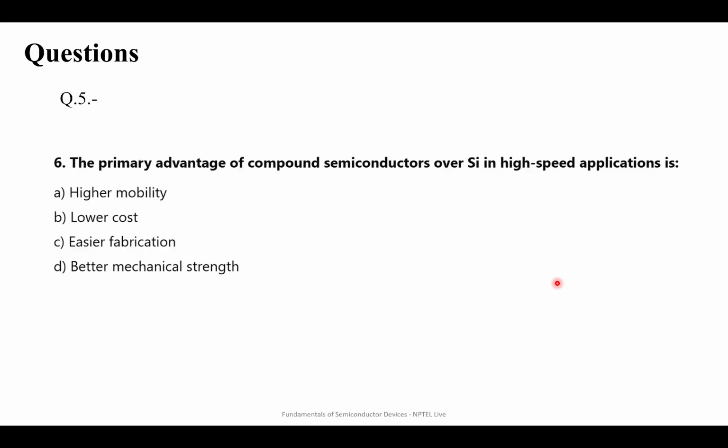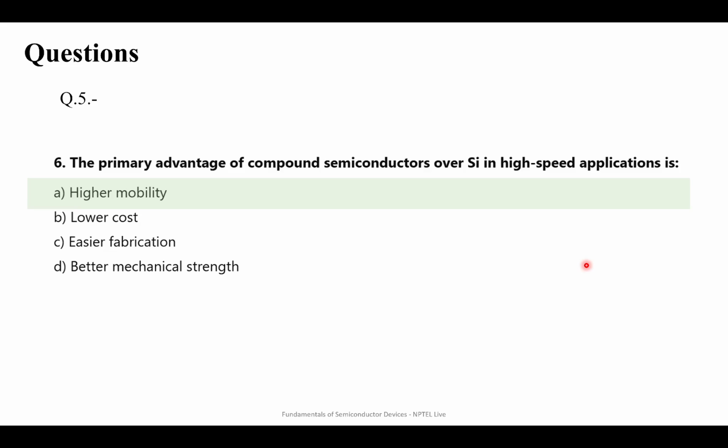The primary advantage of compound semiconductors over silicon in high speed applications is: higher mobility, lower cost, easier fabrication, or better mechanical strength. Higher mobility. That is correct.